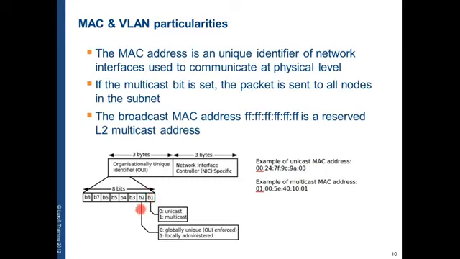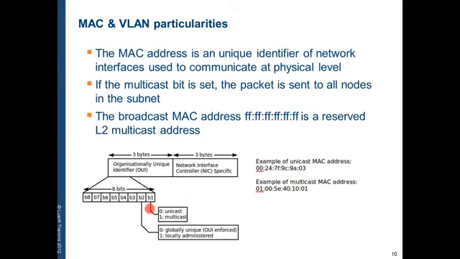Here, the last bit from the first byte of the MAC address is called the multicast bit, which means if this bit is set to 1, the packet will be delivered to all the nodes in the subnet, regardless of the rest of the information.